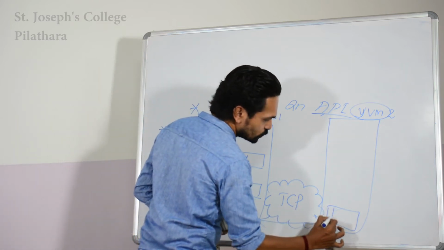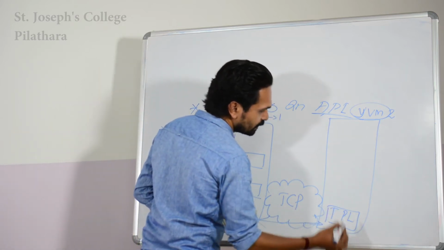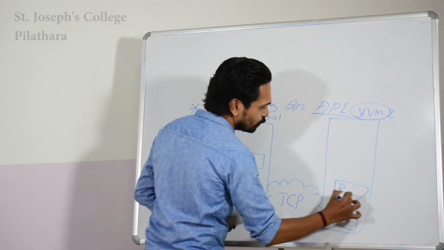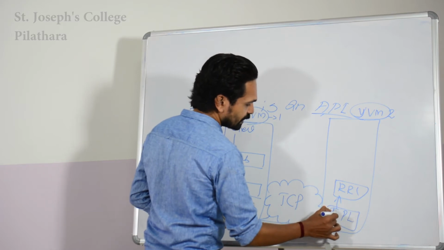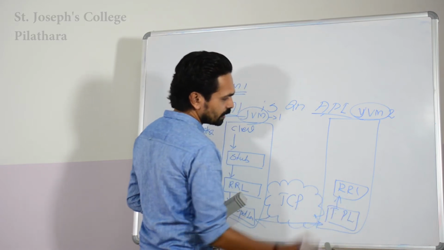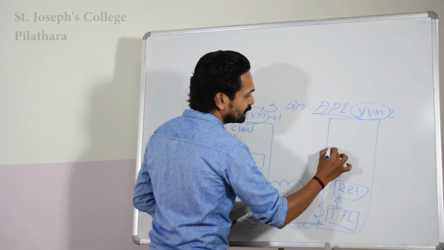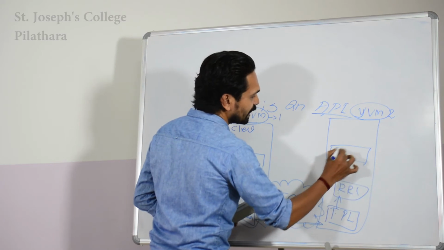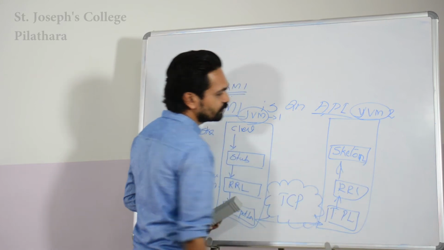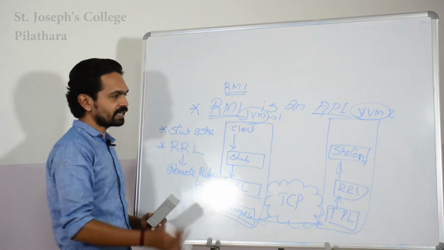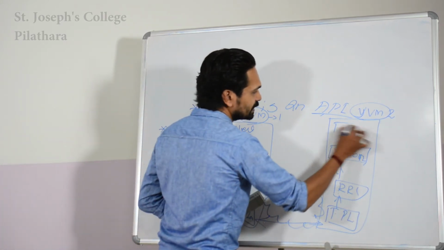On the server there is again a transport layer and an RRL. The request is sent from the transport layer to the RRL, and the RRL sends it to the skeleton. The server side object receiver is known as the skeleton.